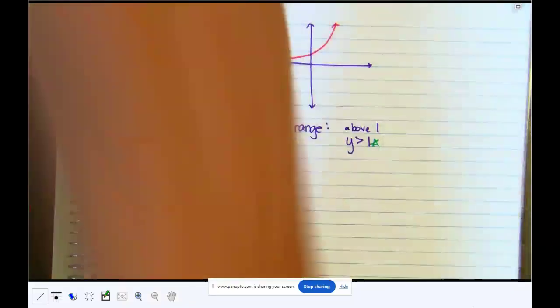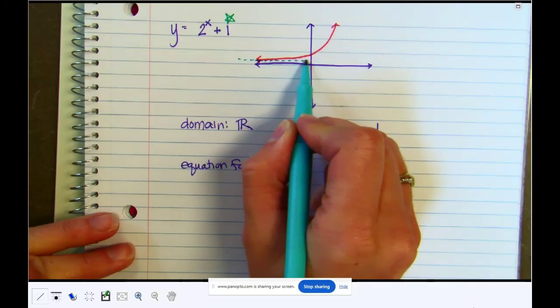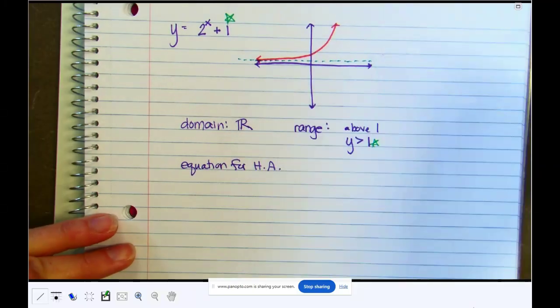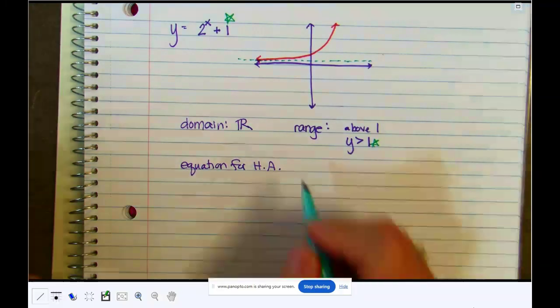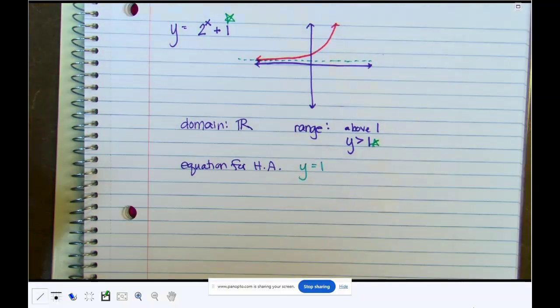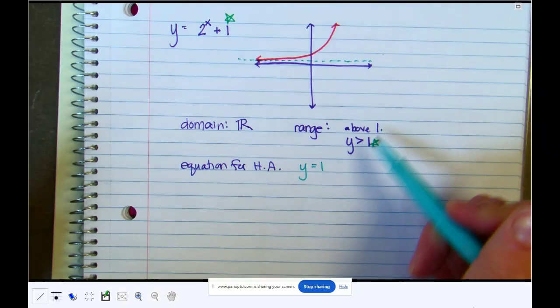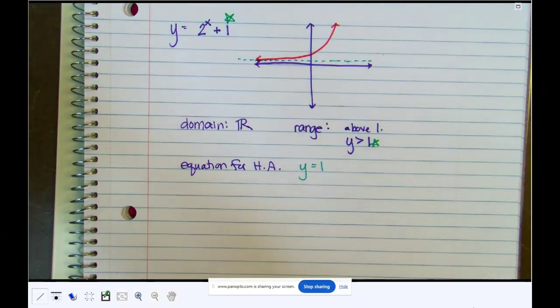Horizontal asymptote is the line that this guy is running along as he goes out either left or right, depending on our equation. What is it? y equals what? 1. No guessing. It's the same number that you use here because it's the cutoff point. If it's not going to go below that, if it's numbers above that, then that's the asymptote. That's just how an asymptote works.